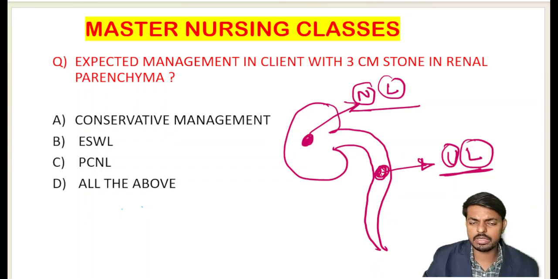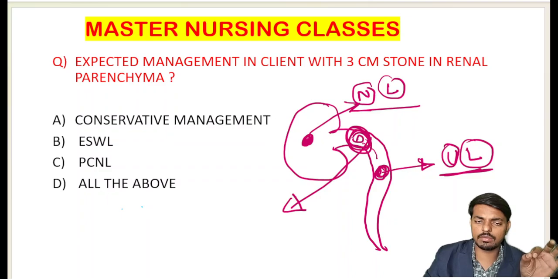So when there is urolithiasis, another complication arises. This urolithiasis will block the ureteral renal outflow, so there is an accumulation of fluid proximal to the stone.